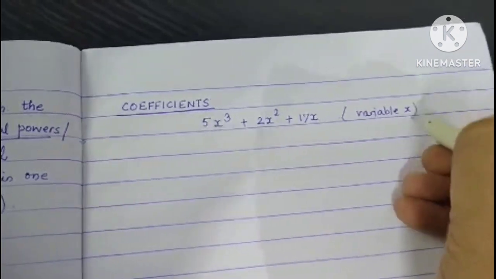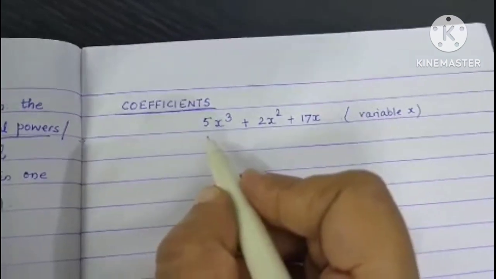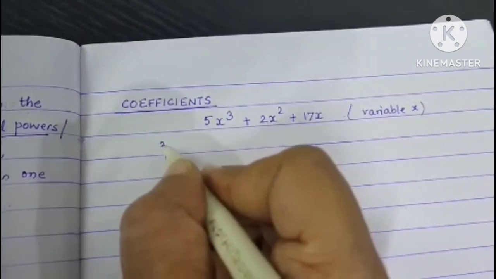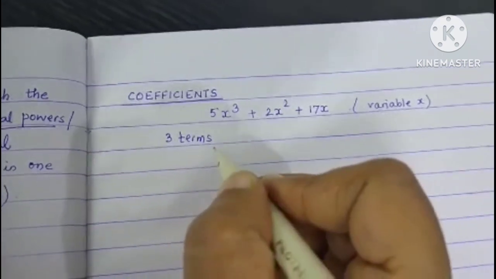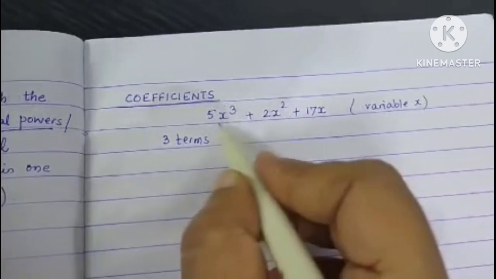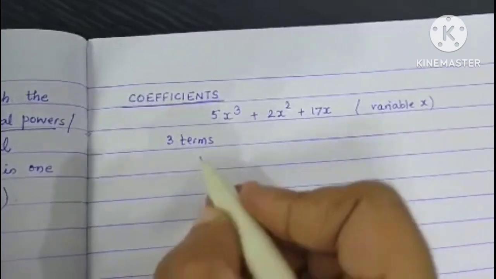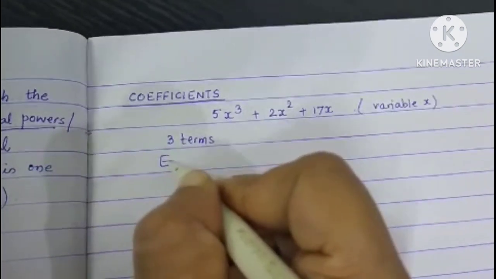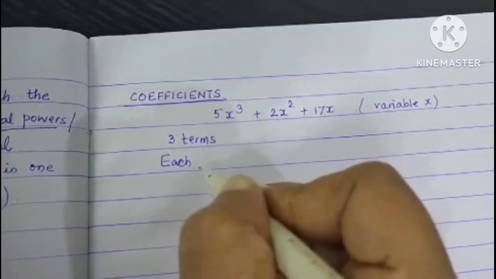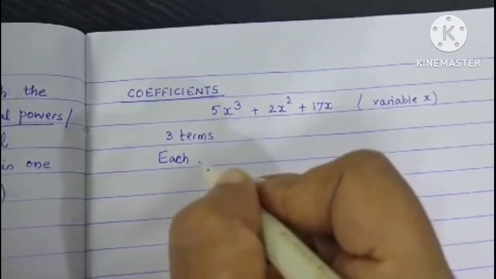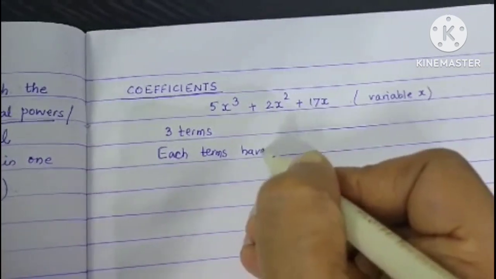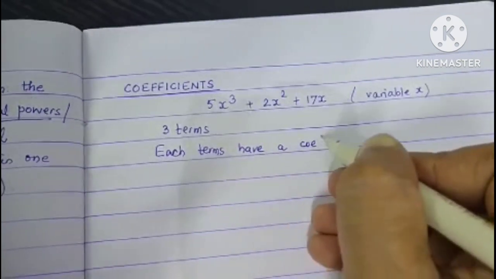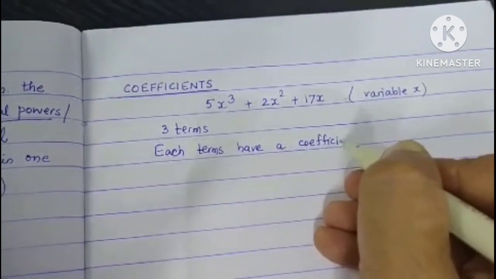So this polynomial is having three terms, as you all know the terms of a polynomial. So each term of a polynomial has a coefficient. And what is that coefficient?